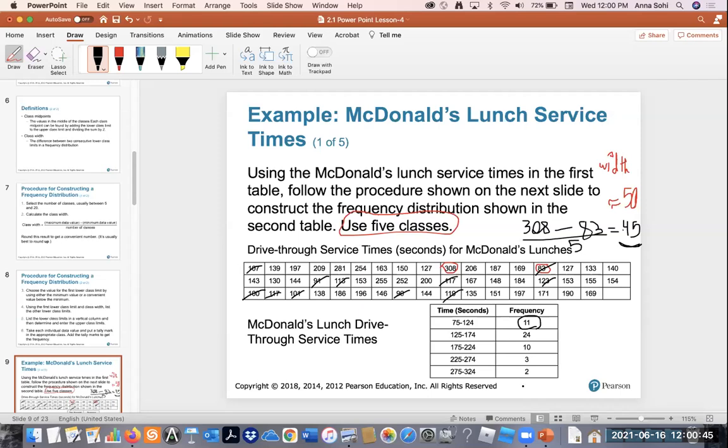Add the frequency and tell me what you get. Yes, 50. That's the total.